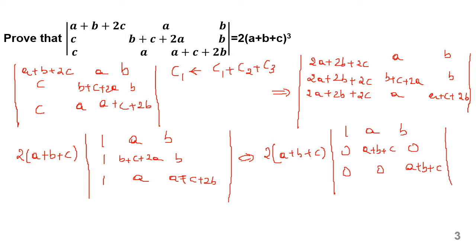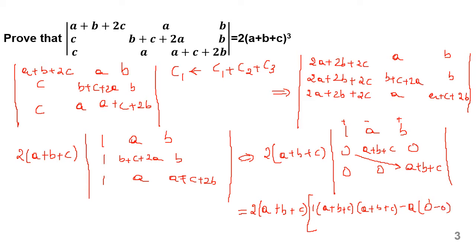Next, we'll write the determinant of this, which is 2 into (a plus b plus c) into determinant: 1 into (a plus b plus c) into (a plus b plus c). The signs are positive, minus, positive. So minus a into 0 into this will be equal to 0 minus 0.